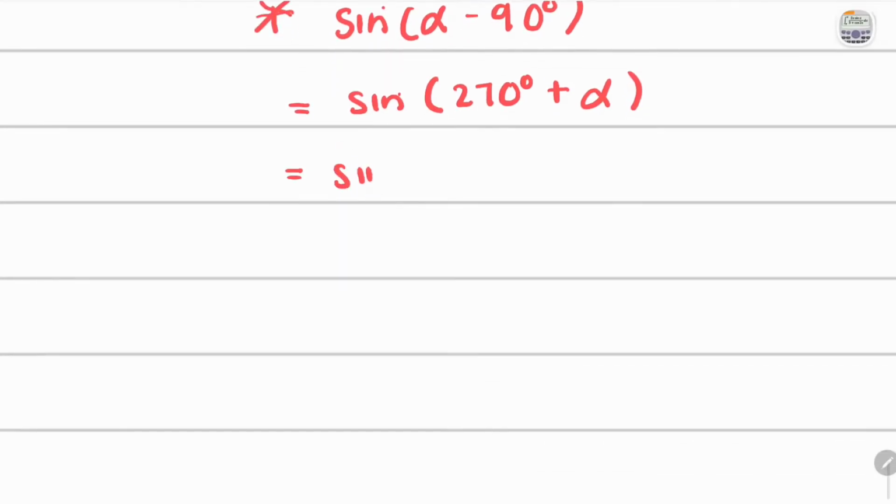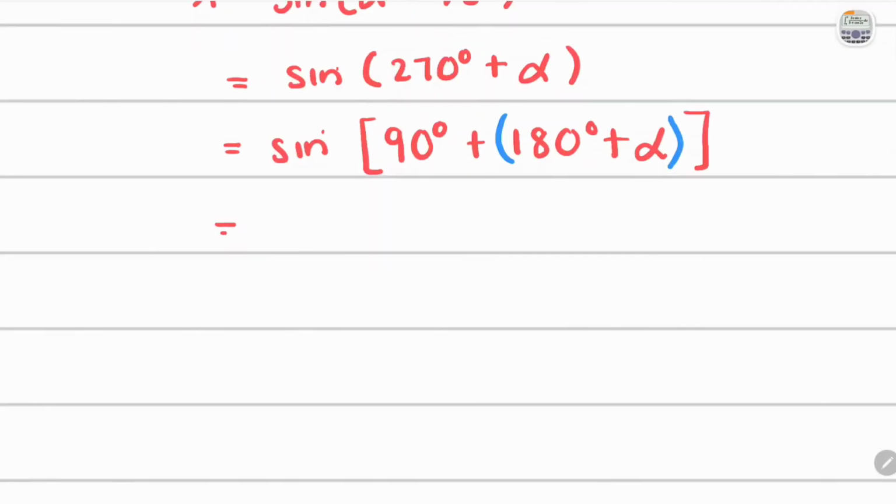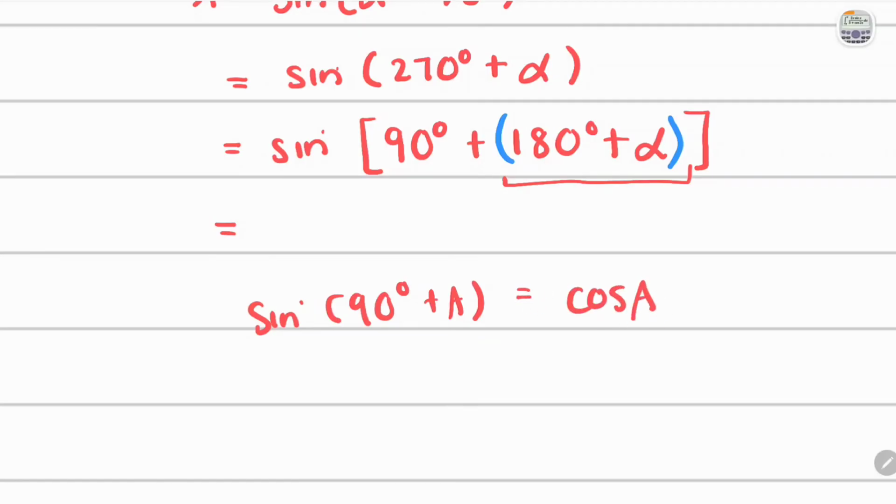So we'll rewrite it like this. Sine, and we'll separate 270 degrees as 90 degrees plus 180 degrees. That's what gives you 270, and then plus alpha. Okay, so now that it looks like this, you can group these two together. So if we group them together, we are looking at it as sine of 90 degrees plus an angle. When we say sine 90 degrees plus an angle, this ends up being cos of that angle.